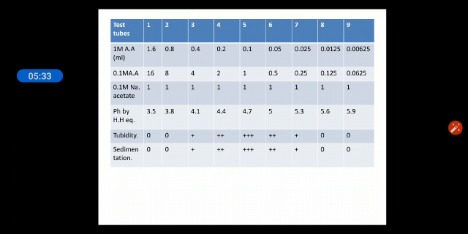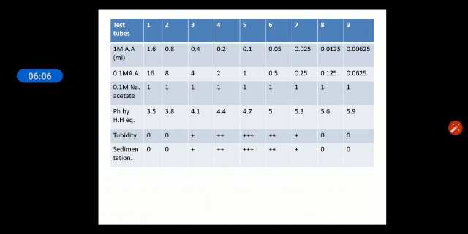In the first row, the labeling of the test tubes is done from 1 to 9, and in the second row the 1 molar acetic acid in ml quantity is given, and this 1 molar is converted to 0.1 molar acetic acid solution to make a basic comparison with the given sodium acetate solution.